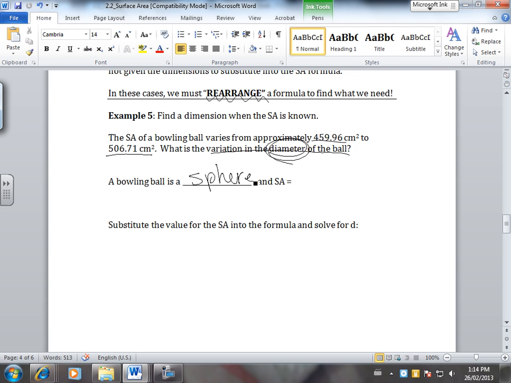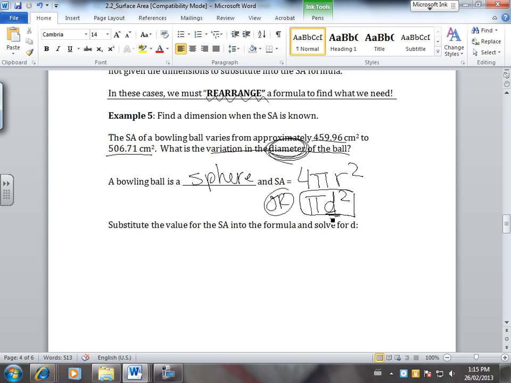And the surface area is given as 4 pi r squared. Or we can also use pi d squared. Now since we're looking for diameter, I'm going to use pi d squared, because this has diameter in it.